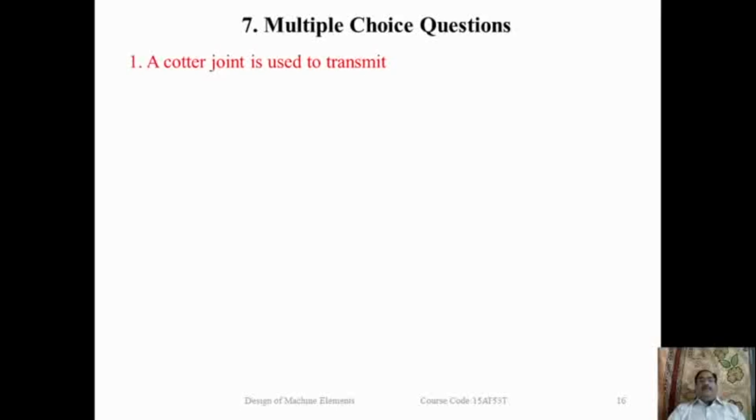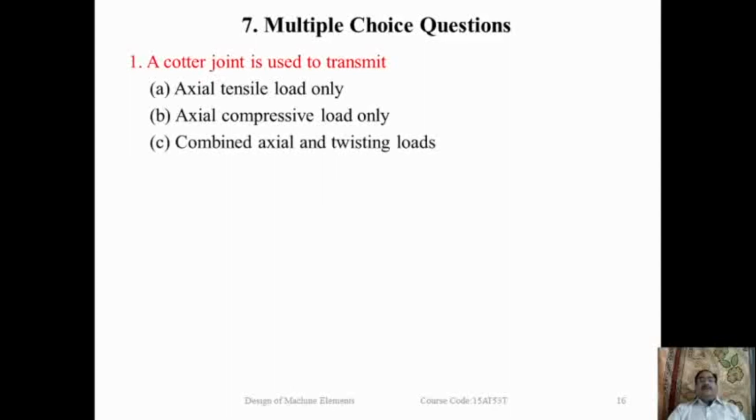Number 1. A quarter joint is used to transmit. The options are A, axial tensile load only; B, axial compressive load only; C, combined axial and twisting loads; and D, axial tensile or compressive loads.